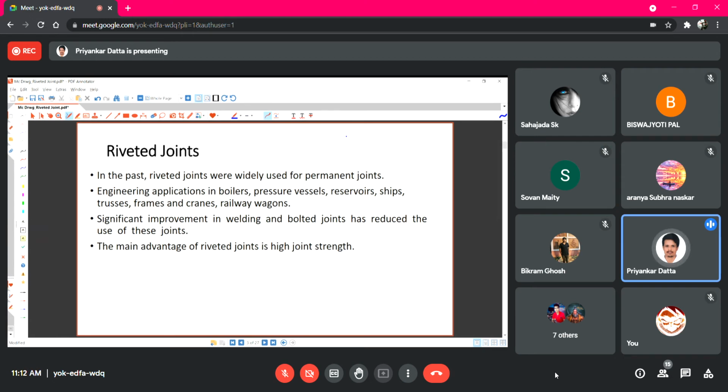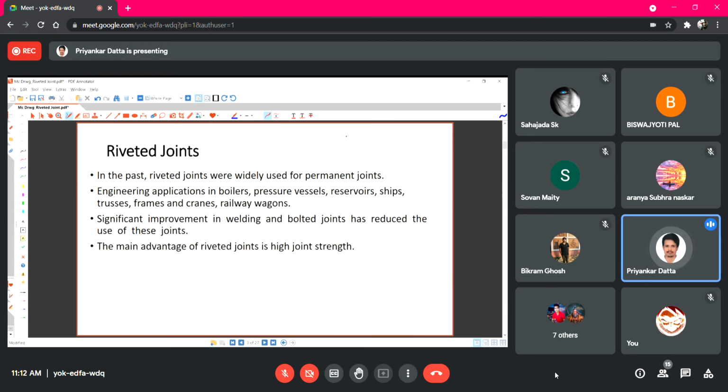There are certain disadvantages. One of the most common disadvantages is that the rivet weight is much higher. Externally, additional rivet parts or rivets are to be added to complete the riveted joint, so rivet weight is added to the overall joint weight.